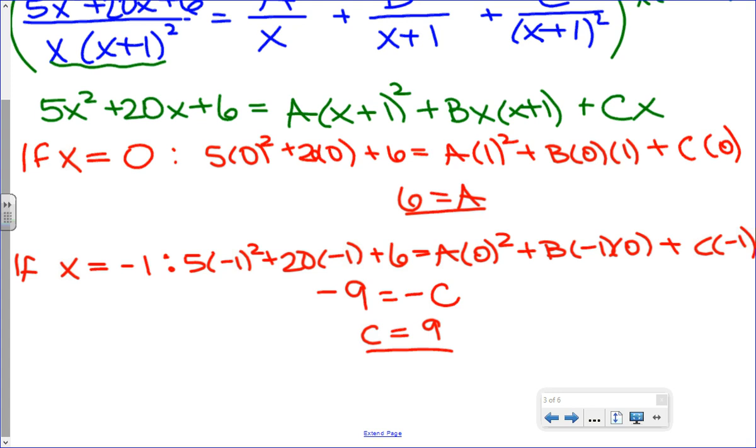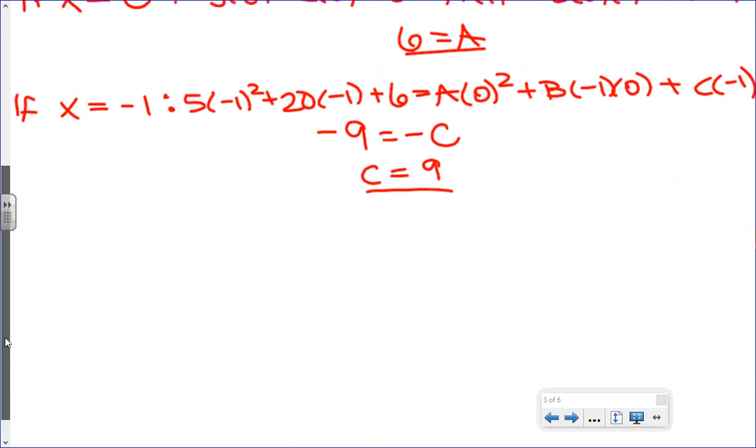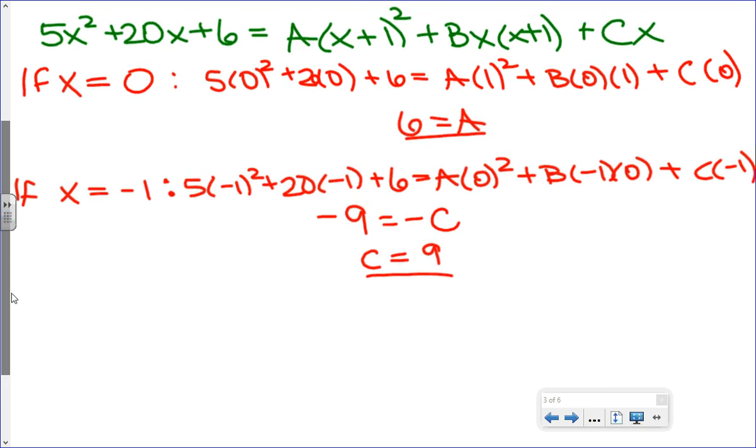So if you have this case of repeated linear factors, and you're looking for the last constant, you can plug in a random value. Now, be careful with this random value. Don't make it too complicated. What would be a very easy number to plug in? 1. We could plug in x equals 1.